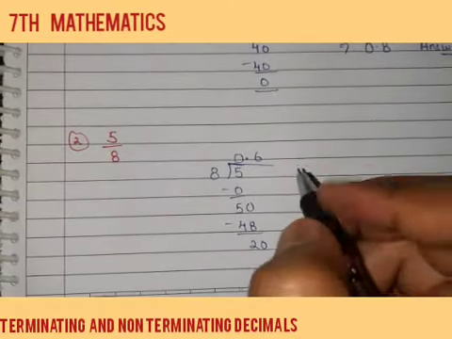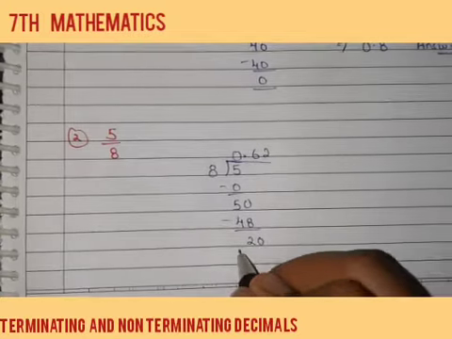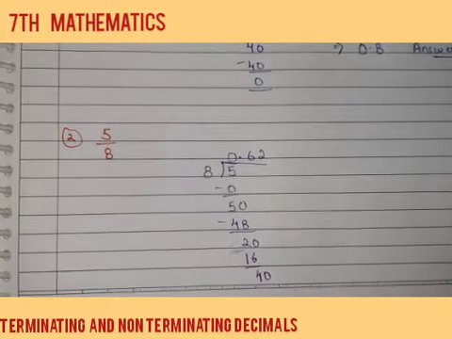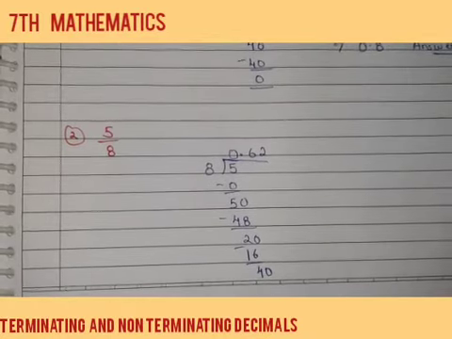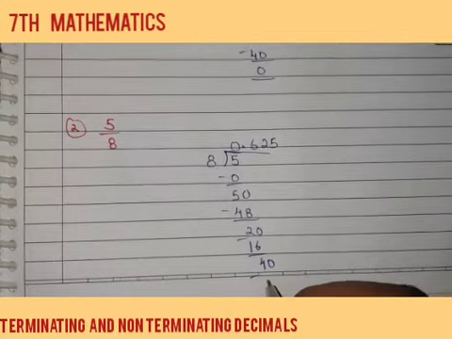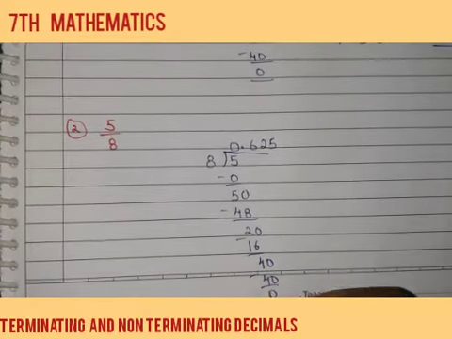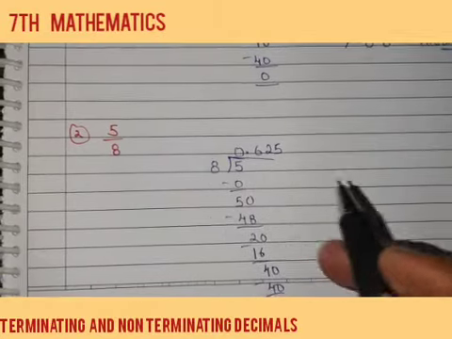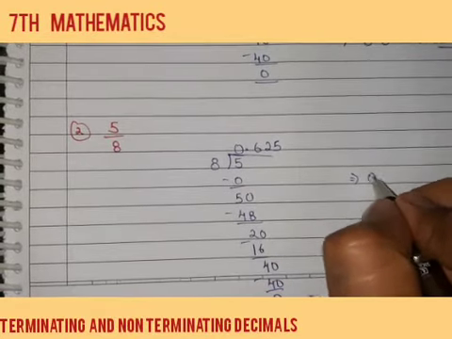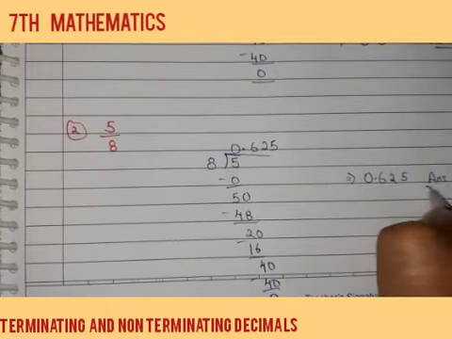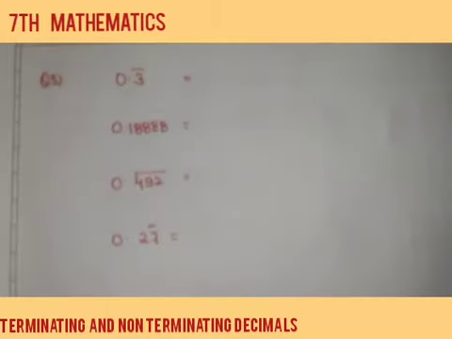Now 8 into 2 is 16. Again 4. Now 8 into 5 is 40. Now this is the final answer. We have got the remainder 0. That means 5 by 8 in its decimal form will be 0.625. This will be the final answer.